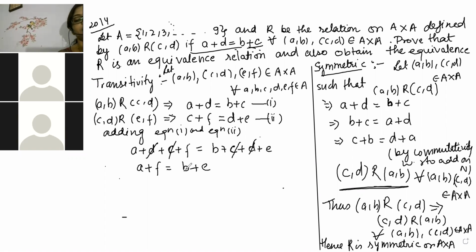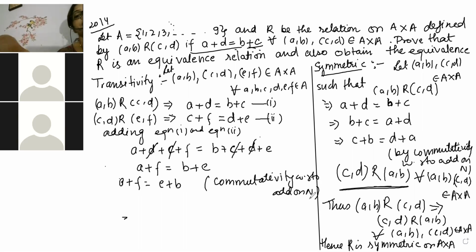So using commutativity with respect to addition on N, it will become f plus a. Both the left side and right side I am changing, but again we can change the order and finally say that therefore (a, b) is related to (e, f).